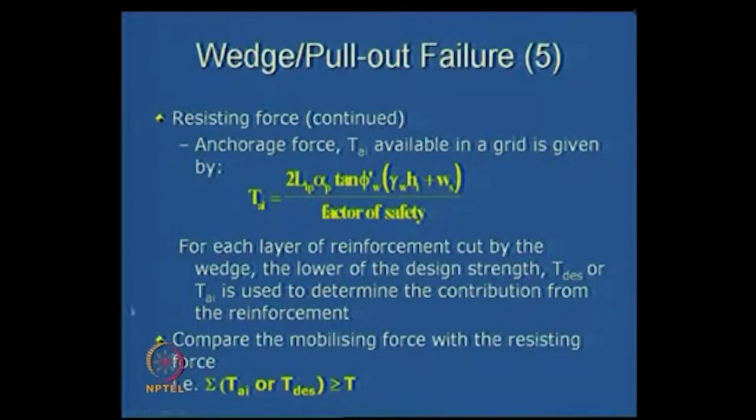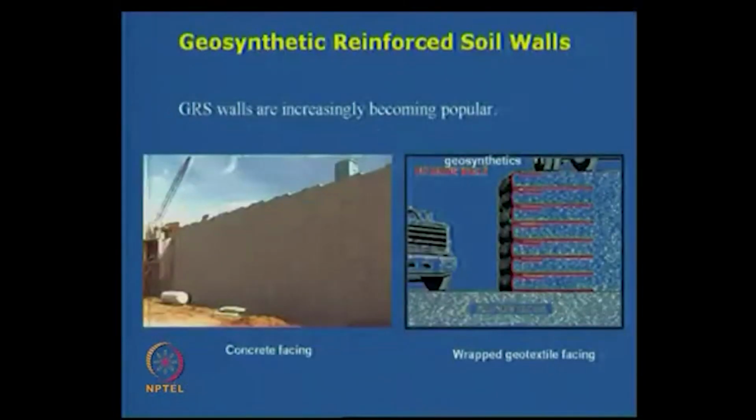So, what we try to see is that the sum of all the forces should be more than or equal to the total tension mobilized. The total tension is the total tensile force required for the wedge stability. We will see that in an example, and you will get much more clarity on that.